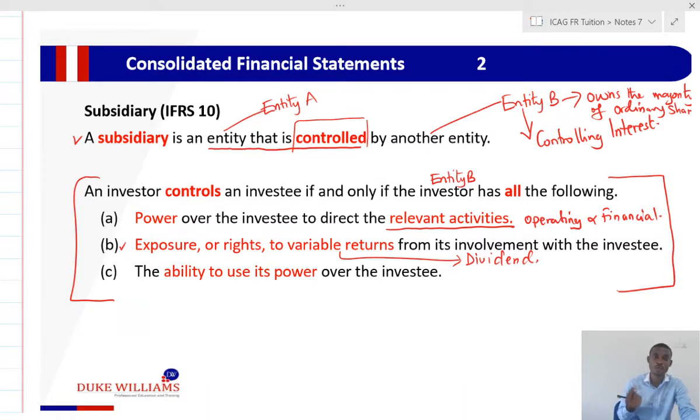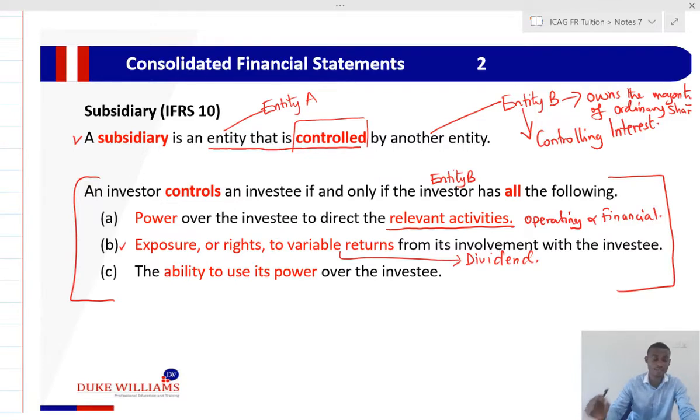Use the loan to work so you can improve on your performance. Or I'm providing you with a management service. So entity B will provide management services to entity A so that they can improve their performance. So entity B has a right to affect the level of returns it obtains from entity A. That is control.